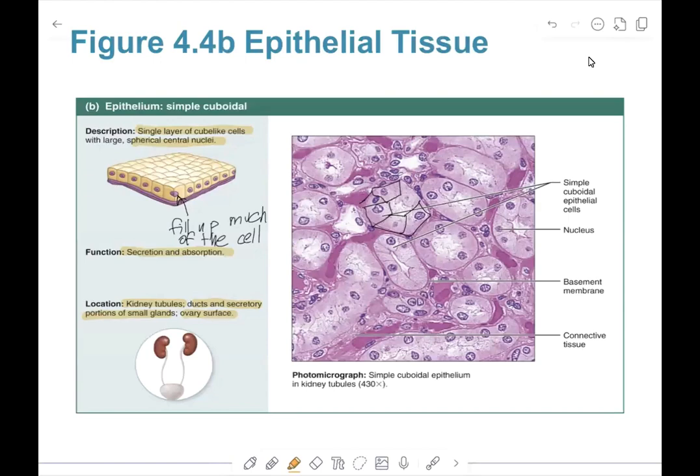But it's really interesting. They are tubes that descend down into a part of the kidney called the medulla. Those cells are going to be the site for absorption of molecules and for the secretion of molecules. When there's absorption of molecules, they go into the blood stream.